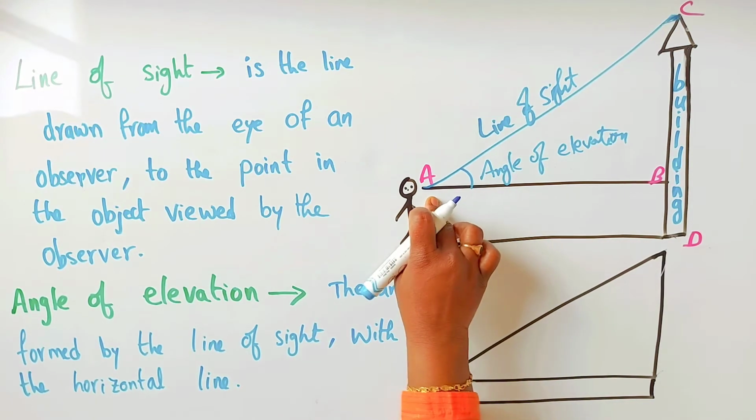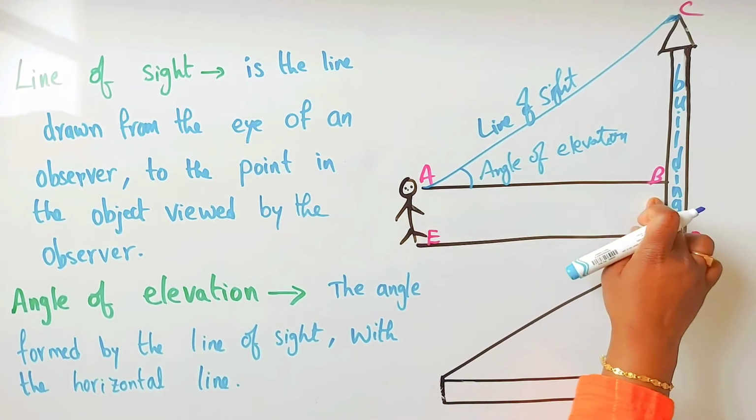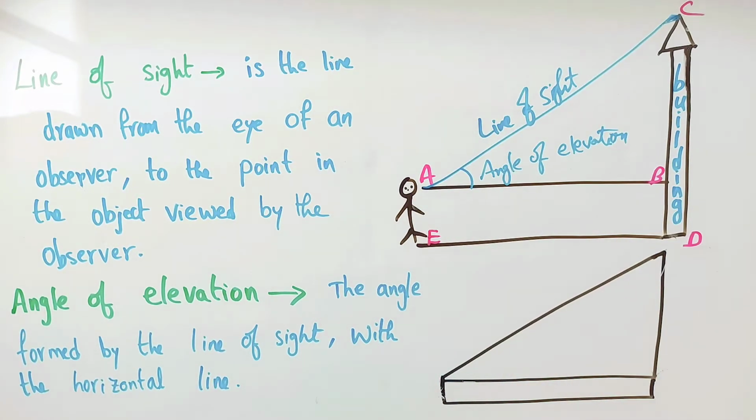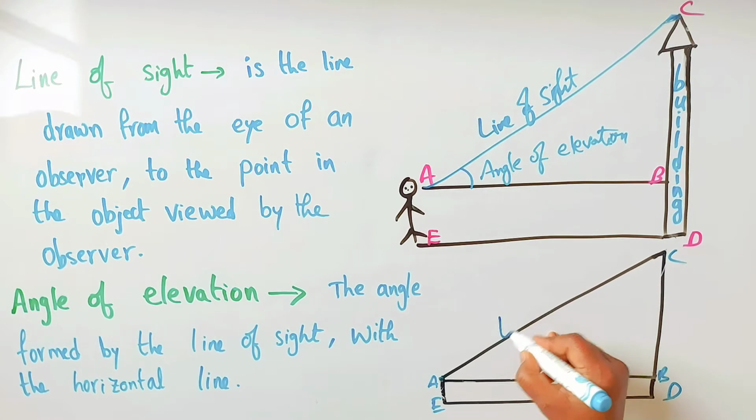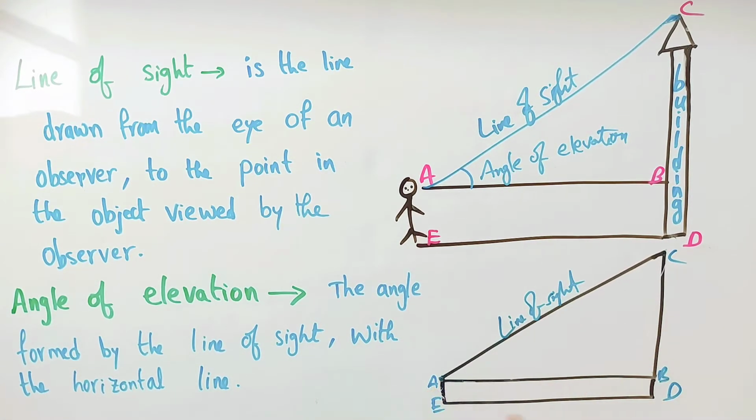And the angle of elevation is the angle between the line of sight and the horizontal line. Right children? The same thing we are drawing here. So A, E here and B, D, C. Here the person's eye. So eye to this building tip is called line of sight. Eye to this horizontal line, this is the horizontal line, children. So the angle between line of sight and horizontal line is called angle of elevation.